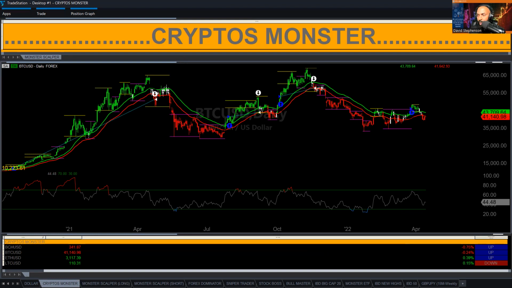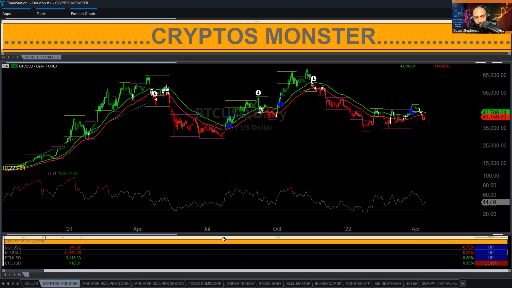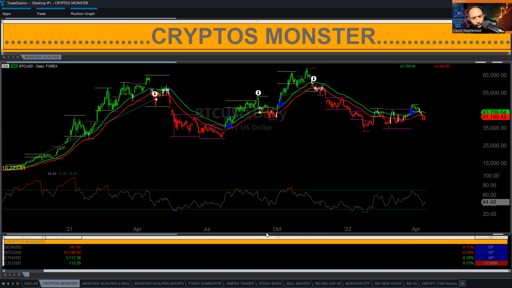All right, guys. So I just wanted to go over an additional tool this evening to kind of help you guys. Don't use it for everything. Look for it when you're near that markup phase. It shouldn't be oversold or overbought.